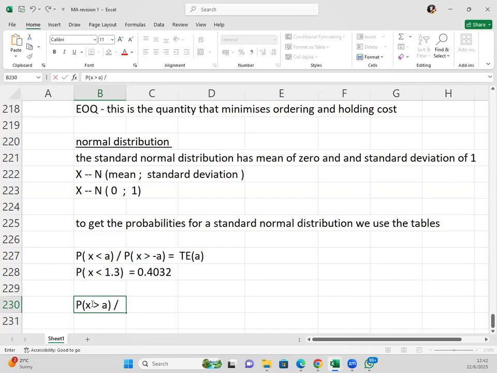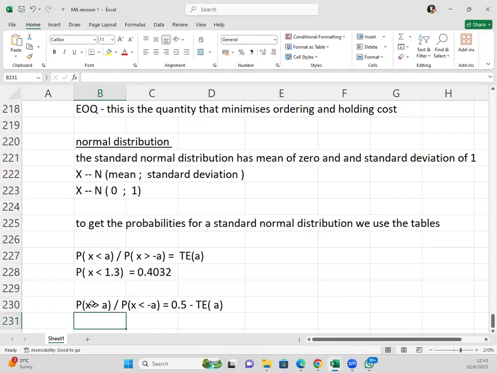This is the same as the probability that X is less than minus A. So if it says greater than, we say 0.5 minus the table value, or table entry, of A.